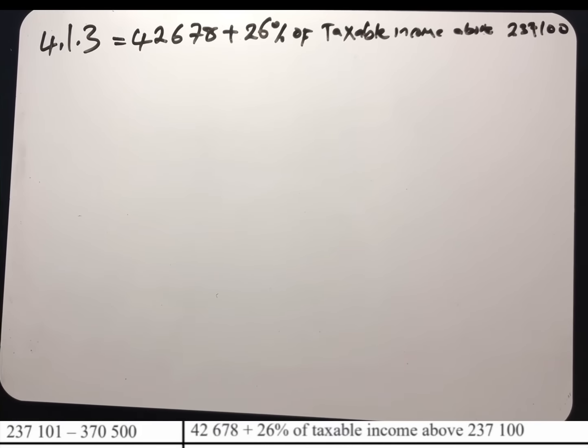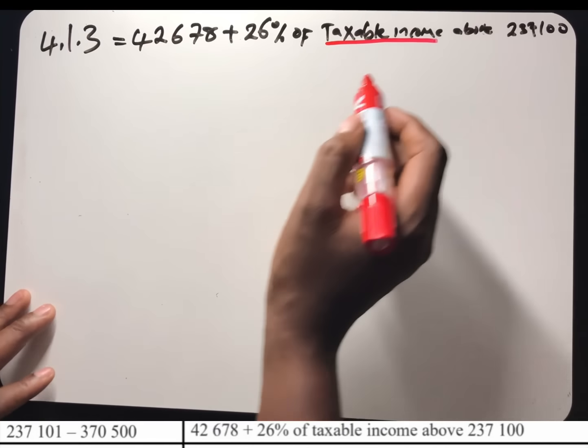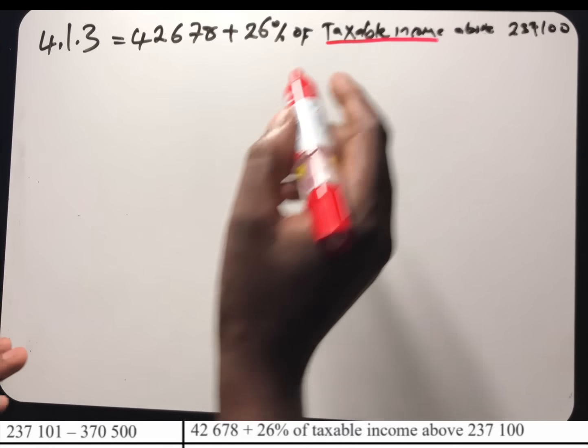After copying the second bracket down, we go to this taxable income and begin to work with it. The taxable income is what we calculated in the first question. And if you remember, in the first question we said we are getting what?